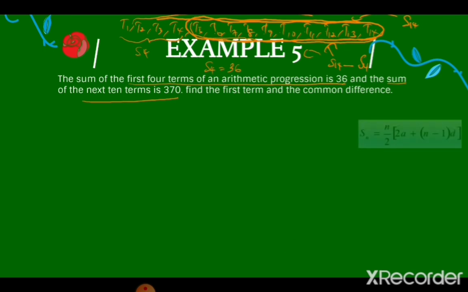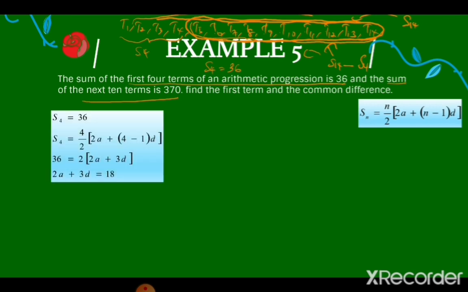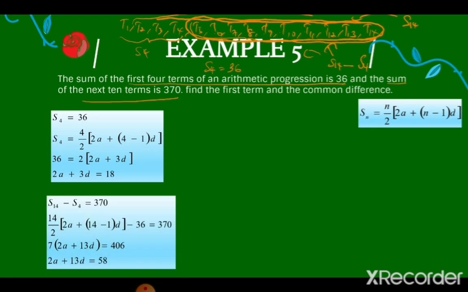So let's look. This is our sum of terms in arithmetic progression formula. From the question, we know that S4 is equal to 36. Using this formula, we have 2a plus 3d equals 18. Then we find S14.